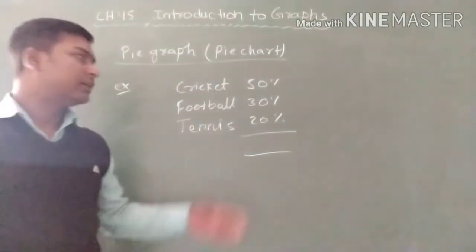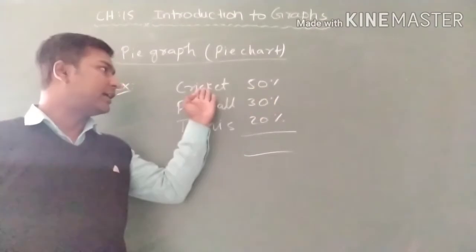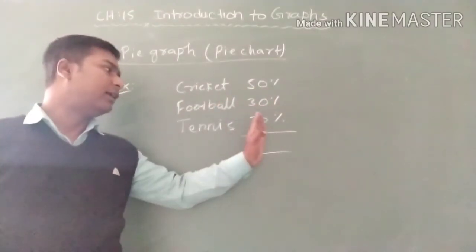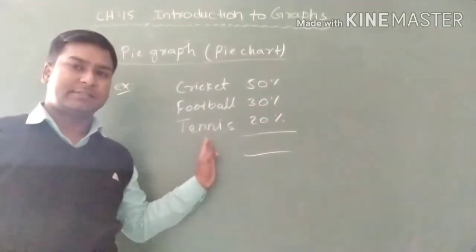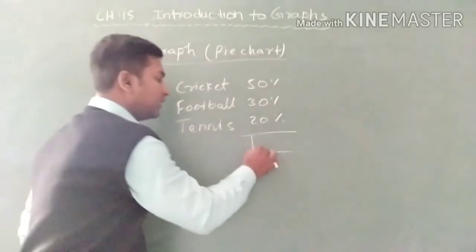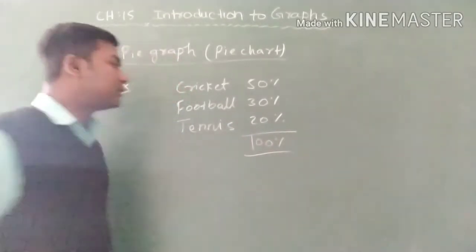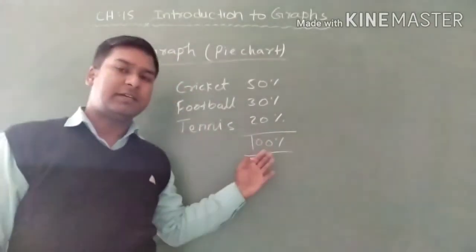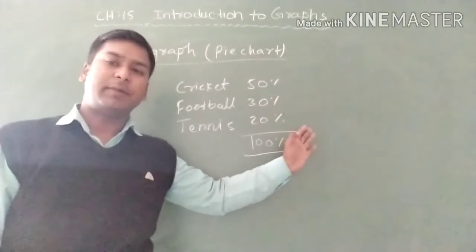Okay, 50% cricket, 30% football, and 20% tennis, and the total is 100%. Let's suppose we have to represent this data in visual form, as a pie chart.